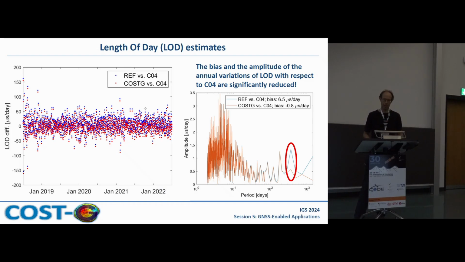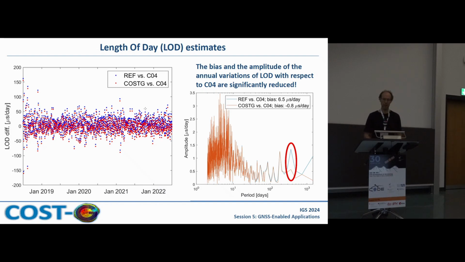And here I show a comparison of length of day estimates compared to the consolidated C04 time series of the IGS. Once computed based on the reference EGM model, once on the COST-G model in red. And you see there is a systematic difference in the residuals in the left plot.